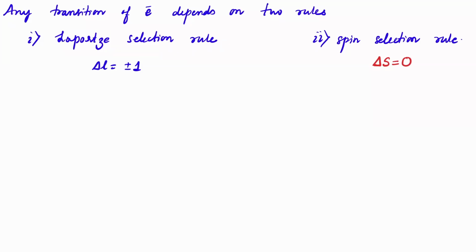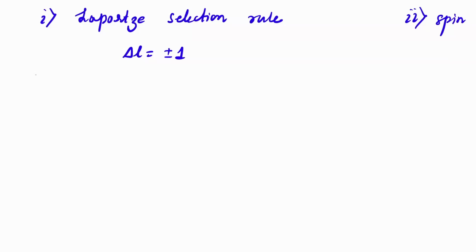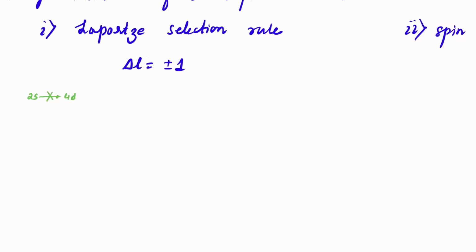Got it? For example, imagine an electron is present in 2s and it is transitioned into 4d. Is the selection rule followed here? No. Why? Because delta L value difference is 2. Suppose you have 5p going to 3d, whether it is excitation or de-excitation does not make any difference.